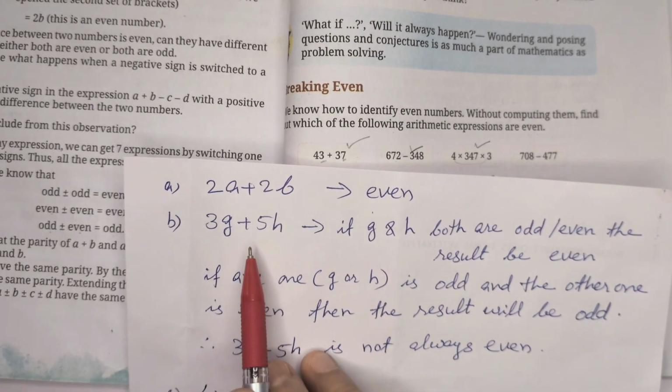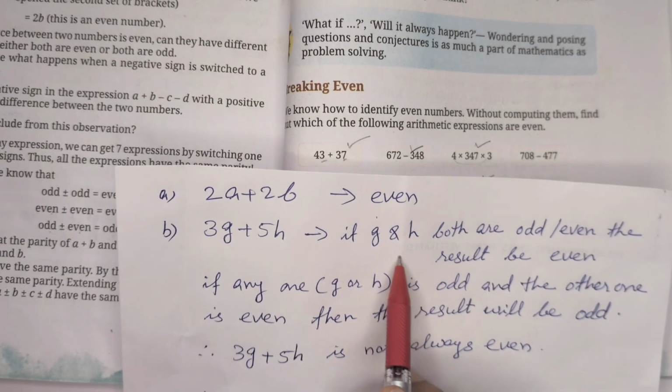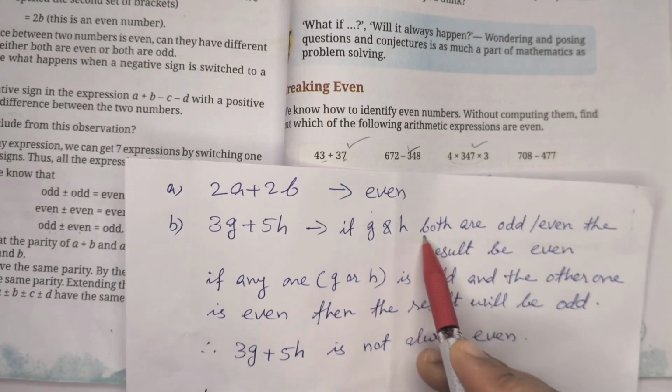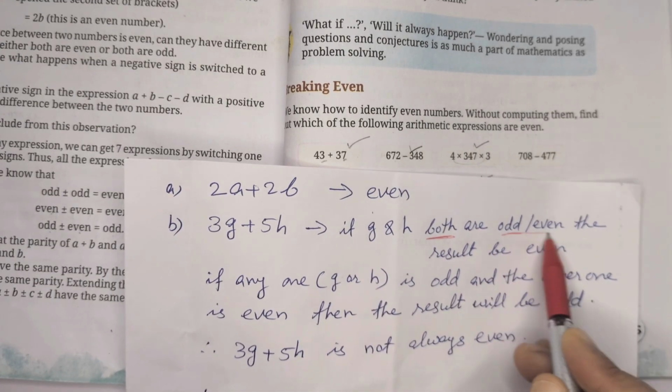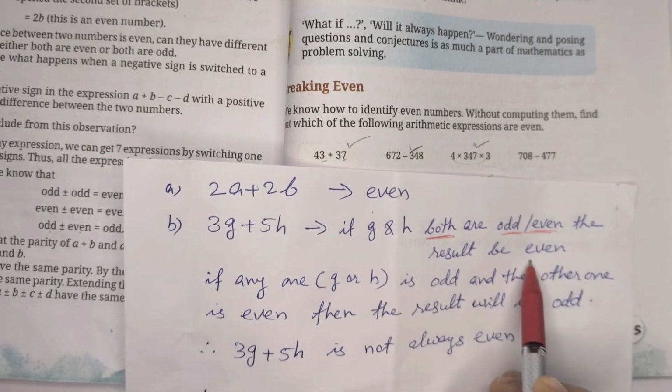So when we are writing 3g plus 5h, if g and h both are the same way, odd or even, whatever it is, then the result will be even.